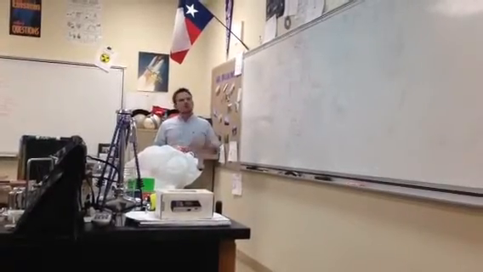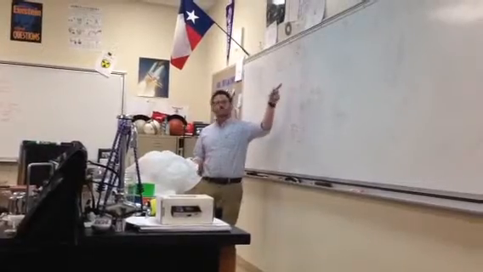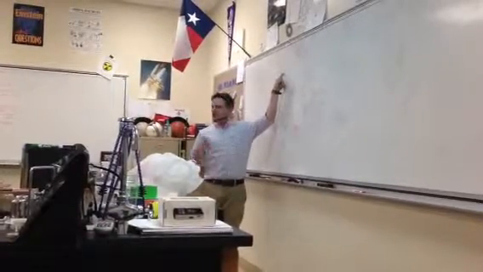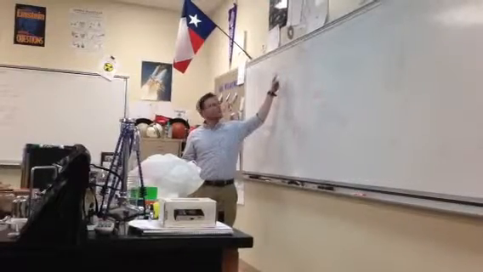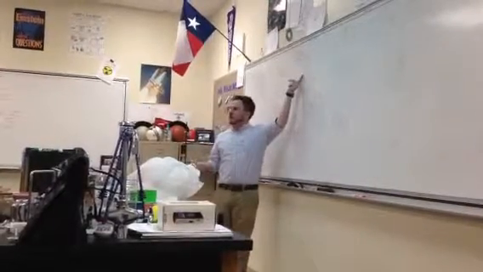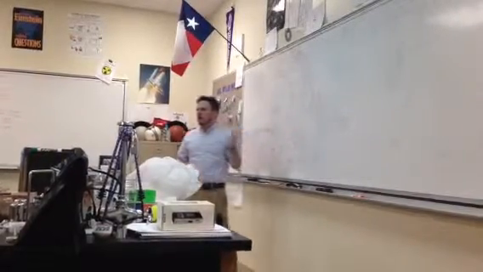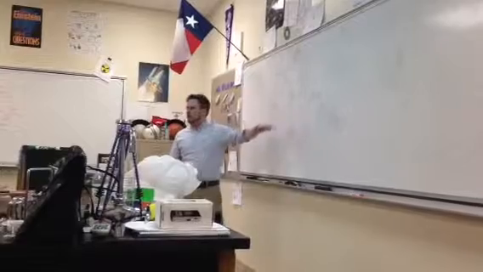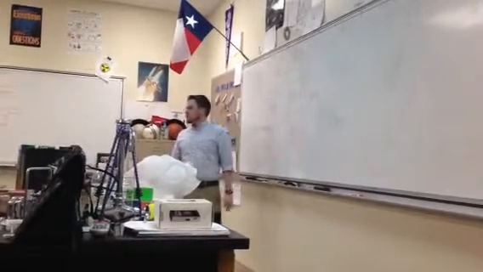So you should know that the current is going to be the same here, except this one's going to get, let's just say the current is 3. If the current's 3, this one's going to get 3, but are these two paths going to get 3? No. So they're going to split that current up. And since they split that current up, they're going to be less bright because they don't get as much current, so they can't generate quite as much power.